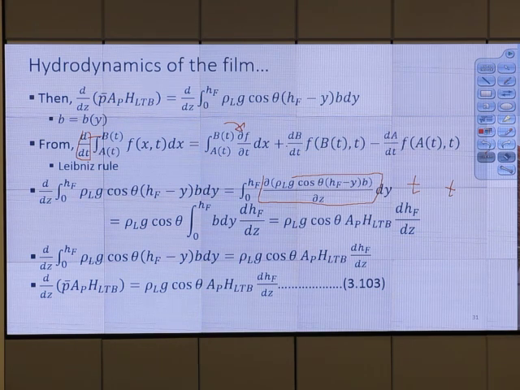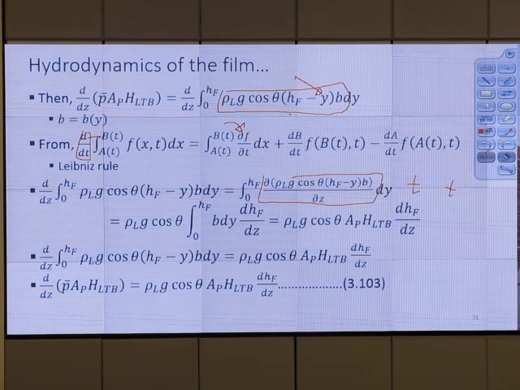Okay, dB by dt. So look at that, f at b. If this is my function f, and I substitute the upper integration limit in for y, it will become h minus h, which is 0, right?